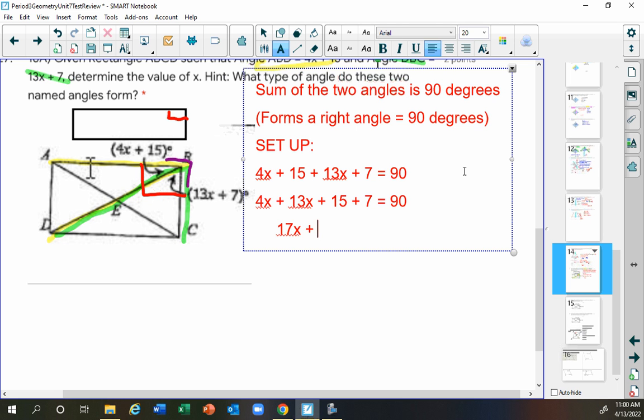And then what's 15 plus 7? Yep. Now, we're at a point where we can solve for the x. Now you're just down to a two-step equation, ladies and gentlemen. So I'll let you solve for that x real quick.